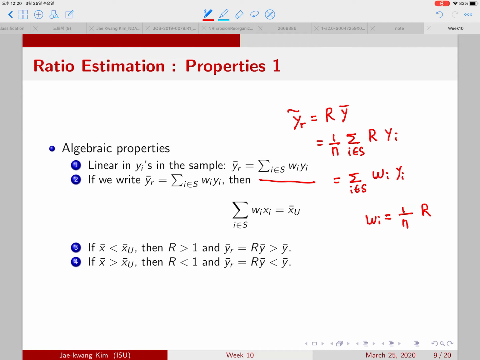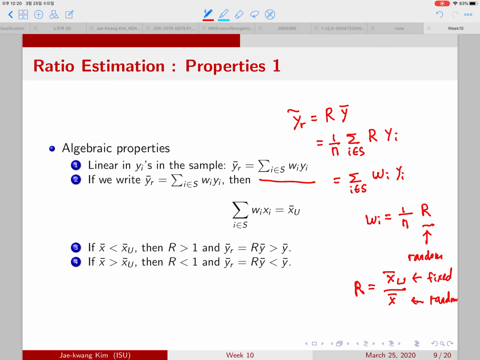And this factor is actually random. Why? Because R is x bar u divided by x bar. This numerator is fixed, but the denominator is random. If you repeat your sampling, the denominator will change over samples.